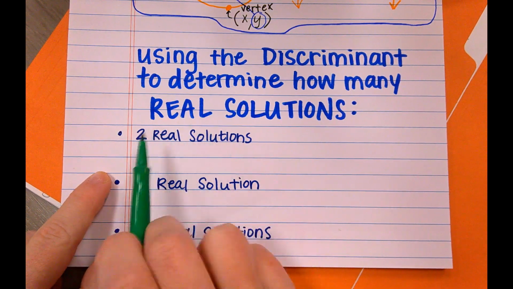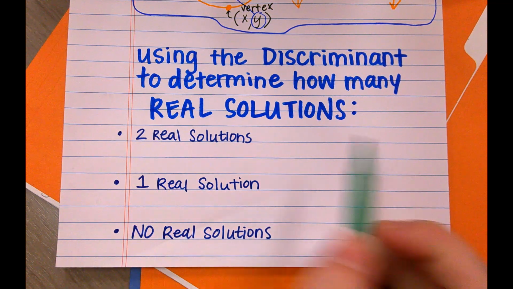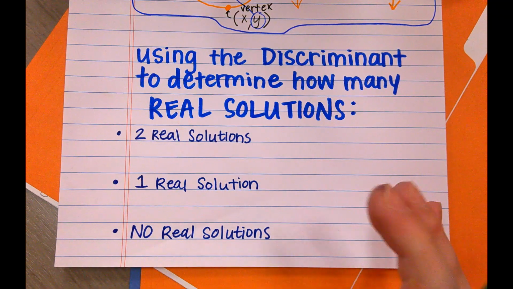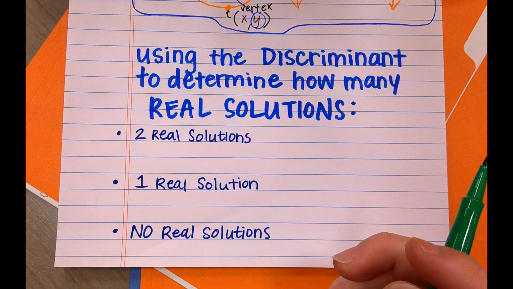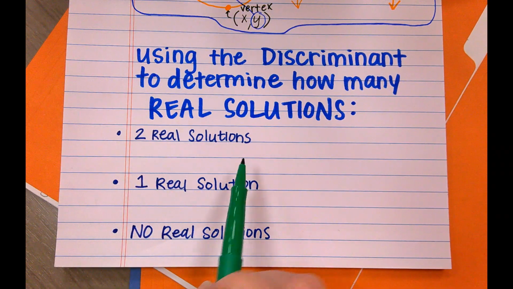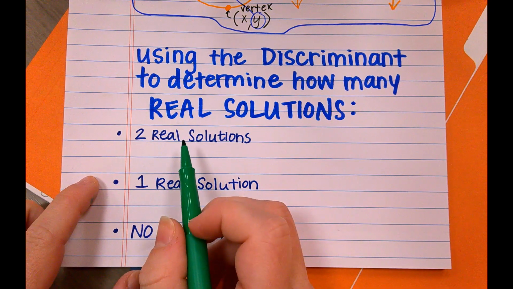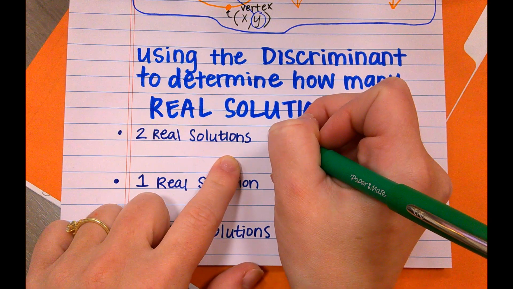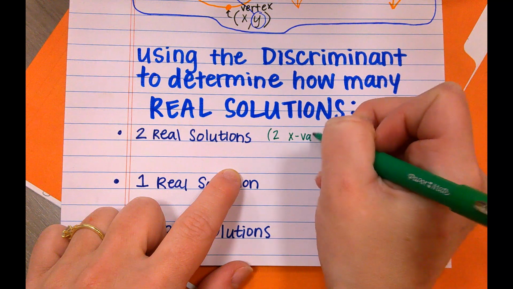Whenever there are 2 real solutions of a quadratic equation, that means whenever you solve for x, you will get 2 numbers for your x values. This is the most common answer, 2 real solutions. This is referring to your x-intercepts, your zeros, or when you're solving for x. So this means 2 x values.